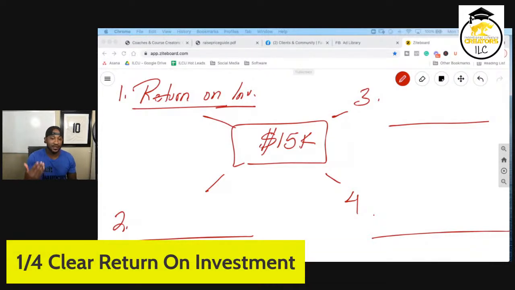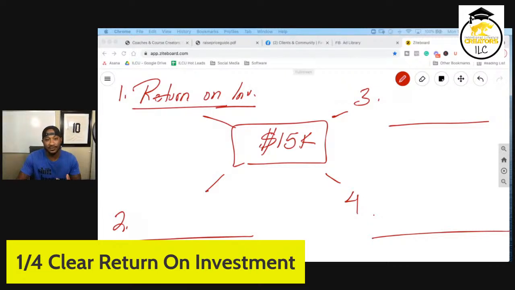If you get clear with the return on investment for your potential client, they will have a better idea and a better feeling when it comes to revealing the price.